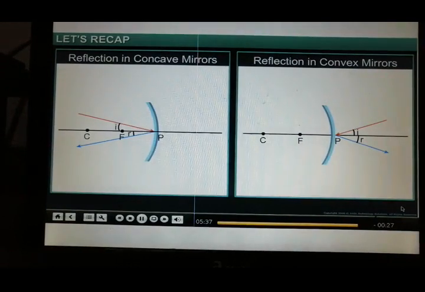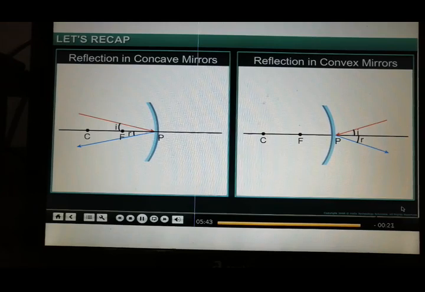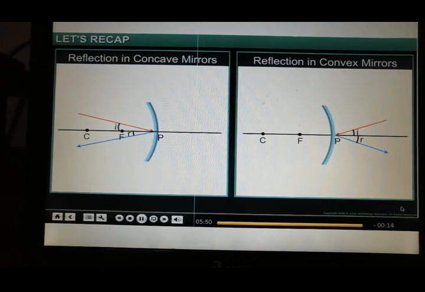A ray incident obliquely to the principal axis towards the pole of a concave or convex mirror is reflected obliquely. The incident and reflected rays follow the laws of reflection at the point of incidence, making equal angles with the principal axis.